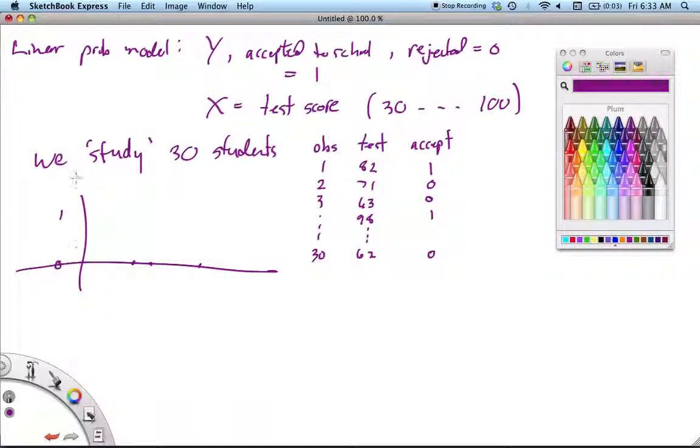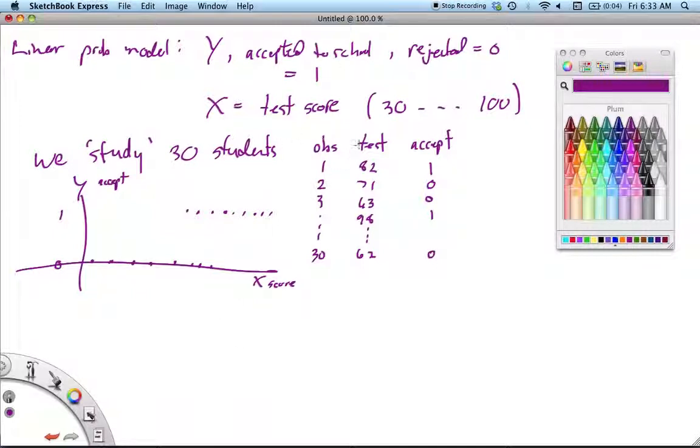The y-axis here represents whether they were accepted, and the x-axis is the score. There might be someone here, here, here, here. So you might get something like this.